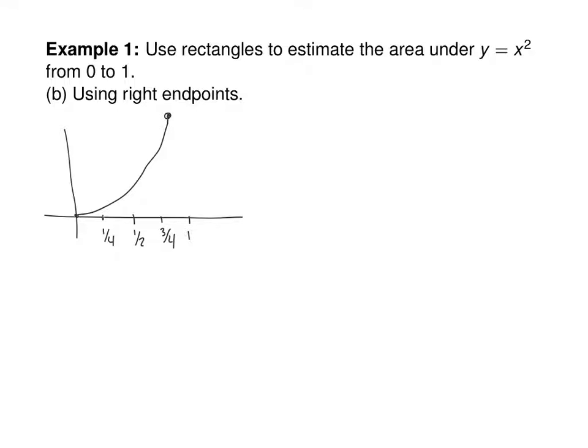So first I plug in 1/4, then I plug in 1/2, then I plug in 3/4, and finally I plug in 1. For this, you use R for right, sub 4, meaning 4 subintervals.